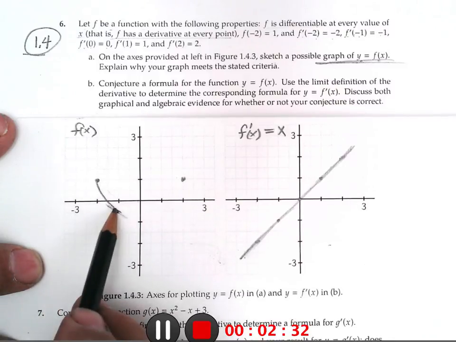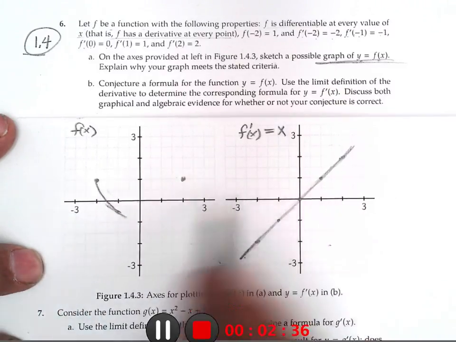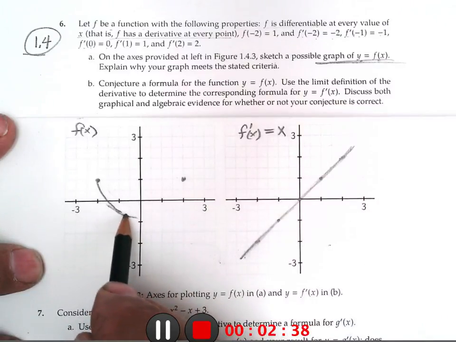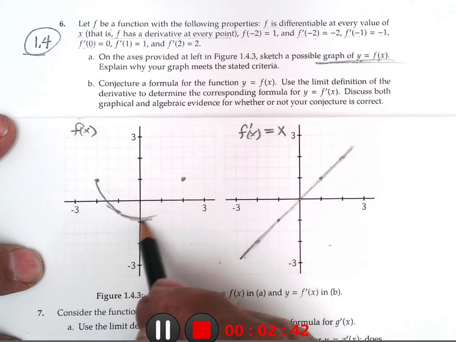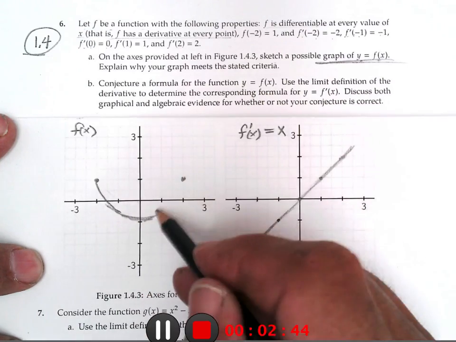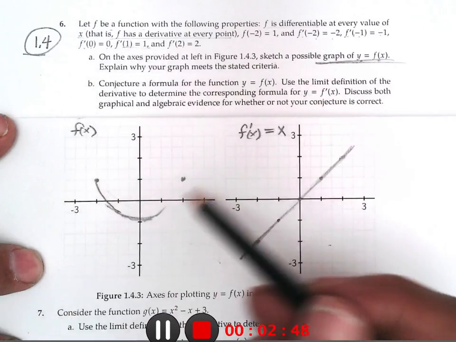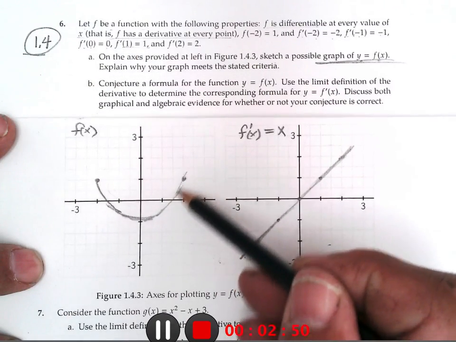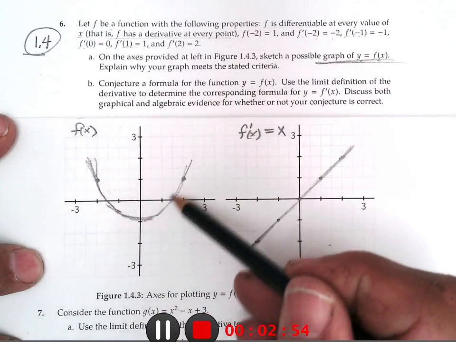And the slope at 0 is 0, so it's got to go flat, and then it's got to be plus 1 at 1, and then a slope of 2 here. So that's my rough sketch.